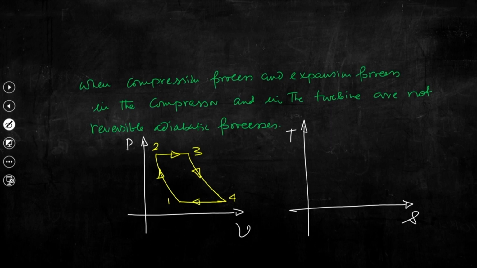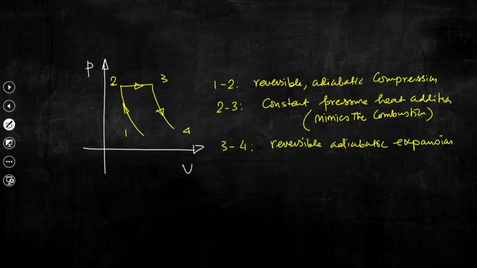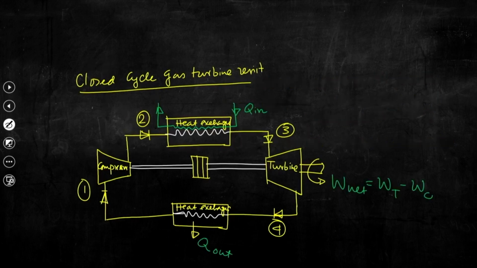So, this 4 to 1 process is a new process for this closed cycle gas turbine unit, because if we try to recall the PV diagram for the open cycle gas turbine unit, we can see that these 2 points are not connected because there is no process. But now we have another process that is represented in the PV or Ts plane by a constant pressure heat rejection.